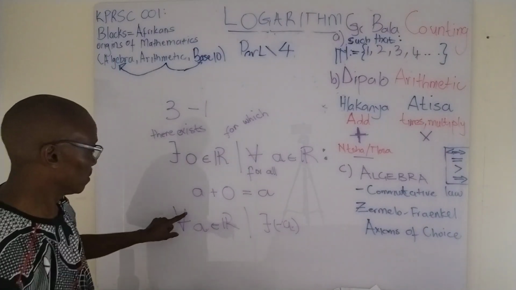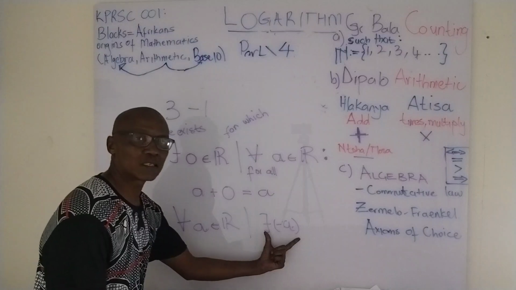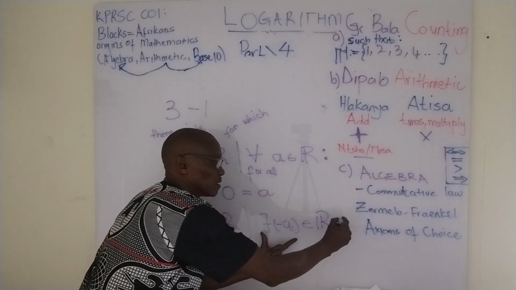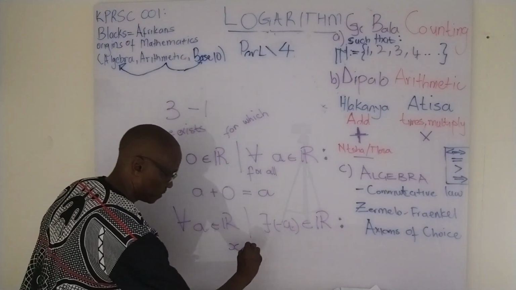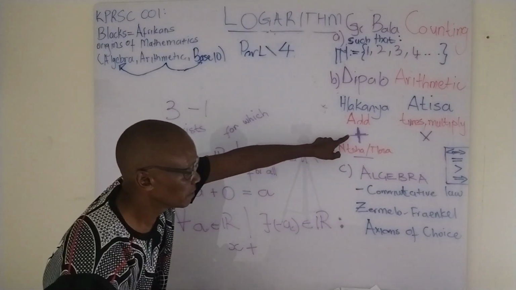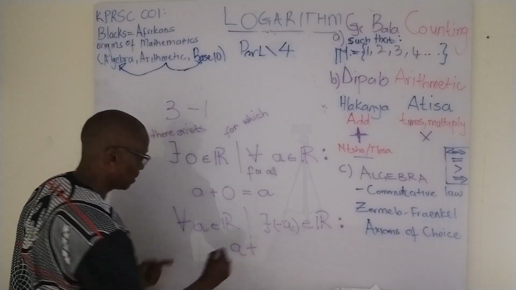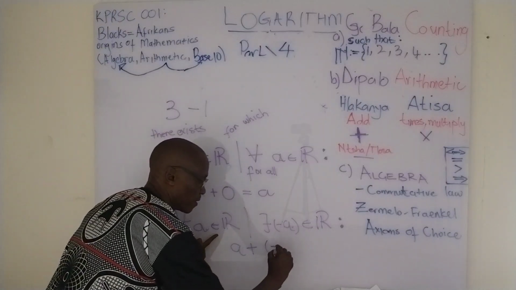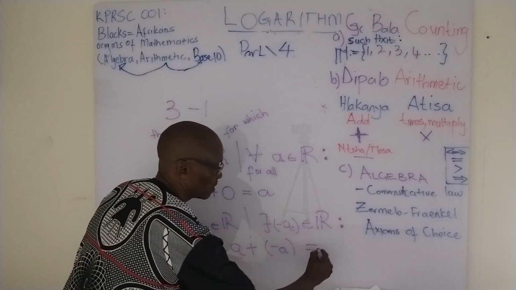Now I take what is already in the reals and I make something exist out of it to be part of the reals. Such that, how do I know? When I add, literally add, that which is already contained in the reals with that which I declare to exist now, I must get 0.